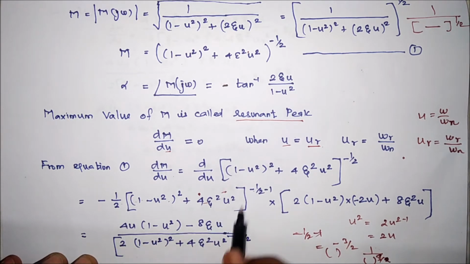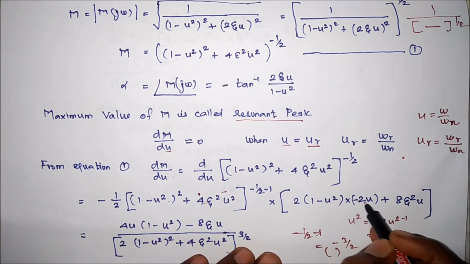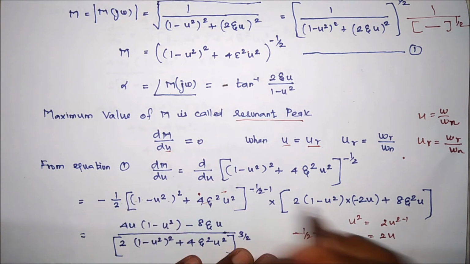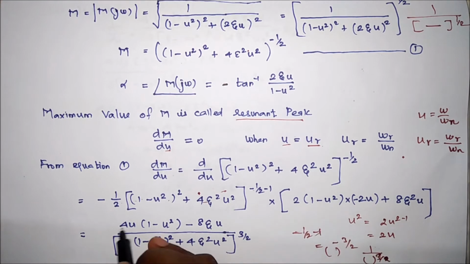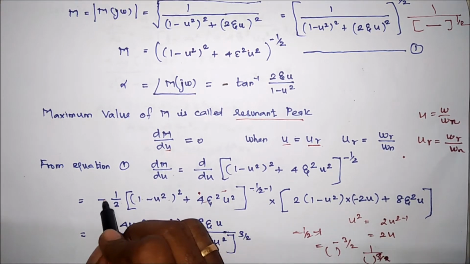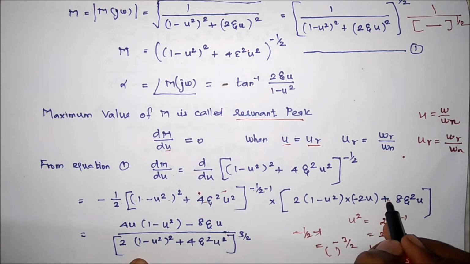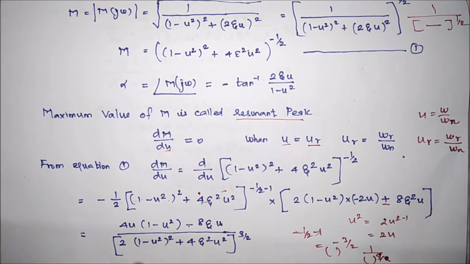This is already 1 by 2, so 2 will come here, but we see here minus 2u, and here already minus. If we multiply these two, it will become plus, then 2 into 2 is 4, so 4u into 1 minus u square. Then we have to bring this minus in here also, so minus 8 eta u.